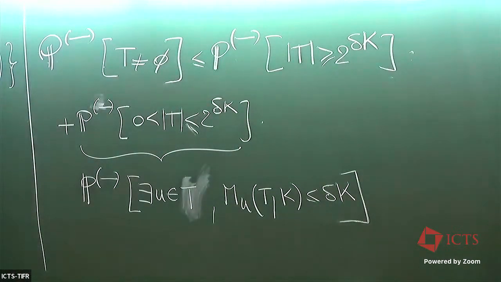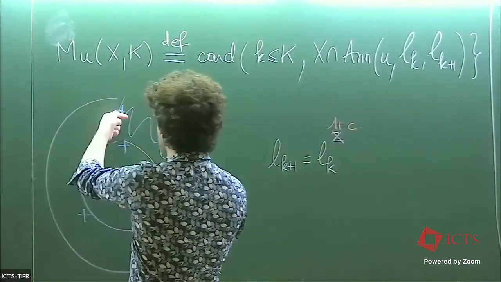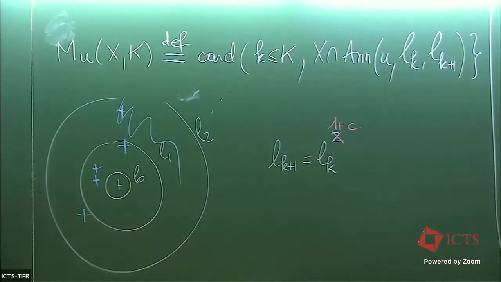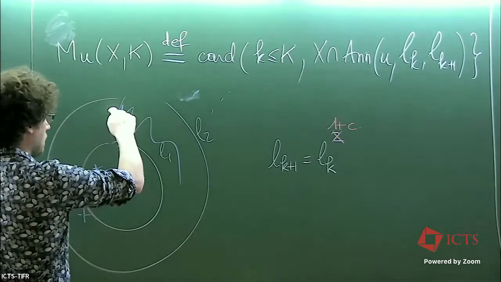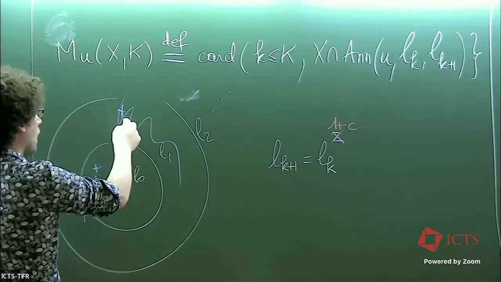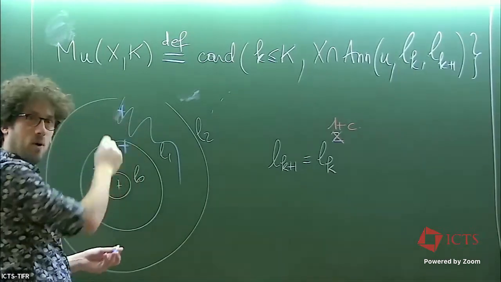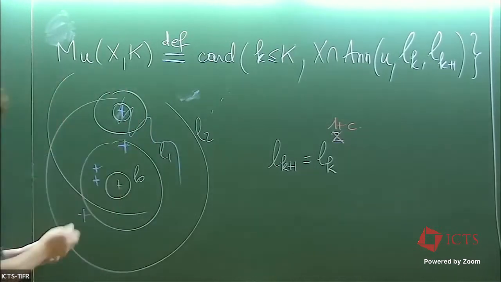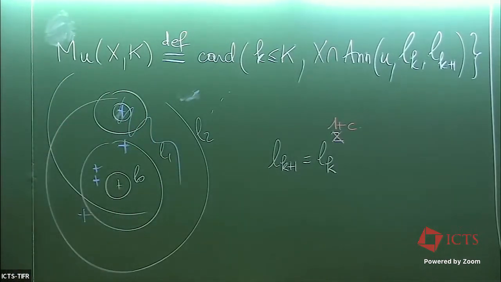So why is that? Imagine you have a set, and if I take a point in this set, there are many scales around this point that intersect the set. But you know also that around each one of the points, when I look at scales, I have many intersections.